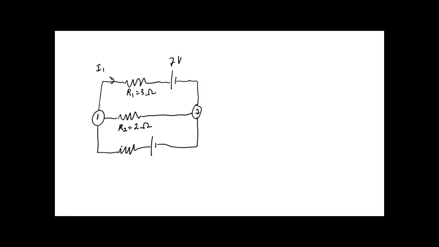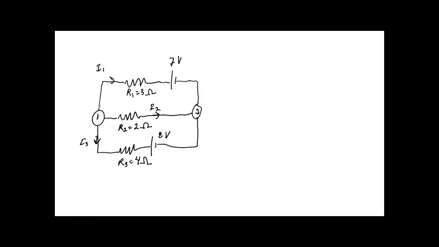Oh, and by the way, they named this current here I2, just for reference. They have a resistor down here they call R3, and R3 happens to be a 4 ohm resistor. And they have a current here, which they're calling I3, and this battery over here is an 8-volt battery. There is your circuit.